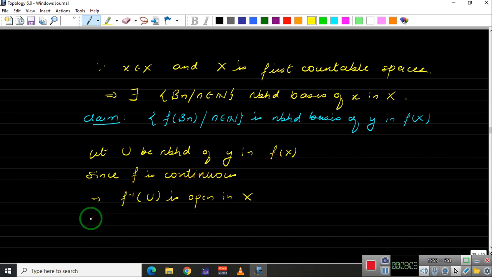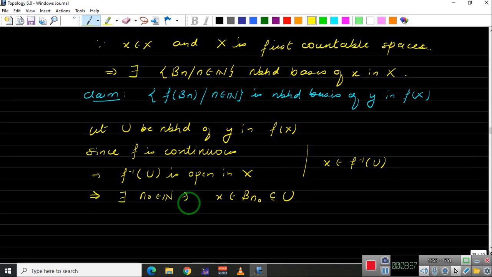So this implies there exists some n naught in N such that this x belongs to f inverse of U, and this is open. So there exists some n naught in N such that x belongs to Bn naught, which is contained inside U, by definition of first countability, and this is the neighborhood basis.